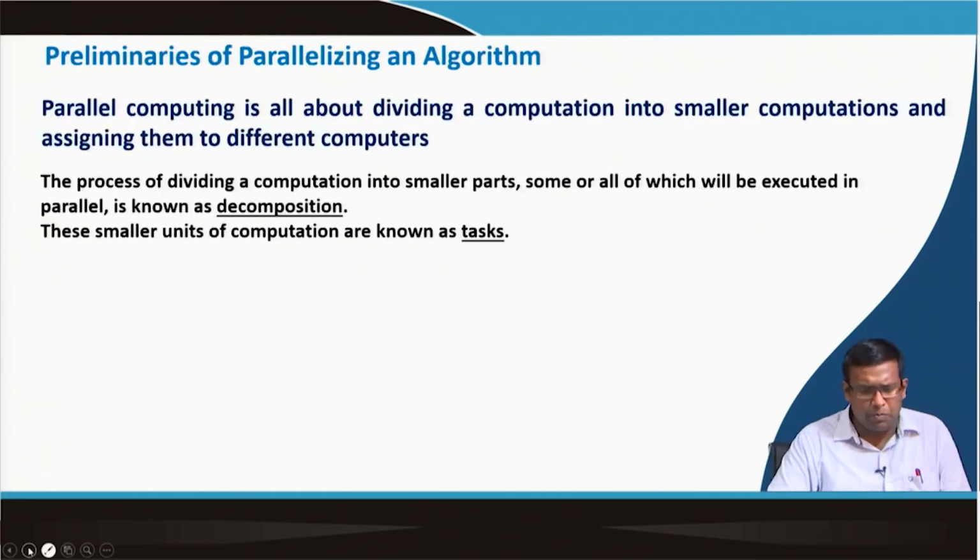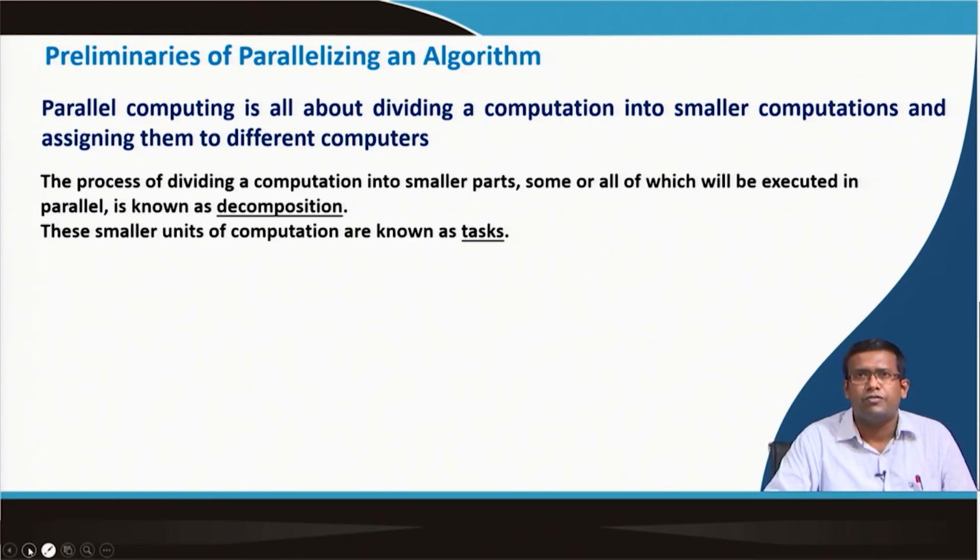So now we understand that parallel computing means you have to divide a large computation into smaller computations and assign them to different computers or processors. What you can do is identify each of the small computing tasks with one of the processors, or, if you do not have a large number of processors compared to the number of small computation tasks, you can give a group of computations to different processors.